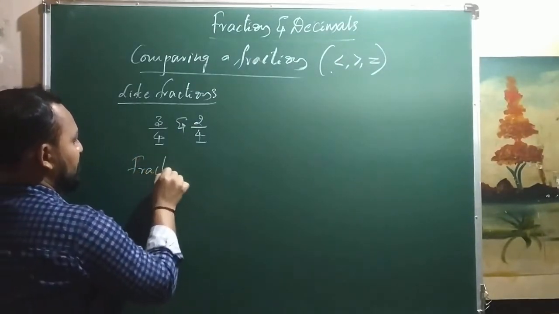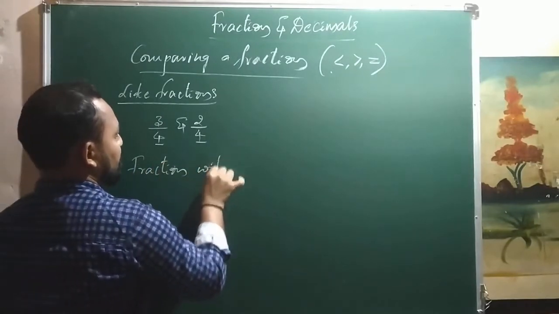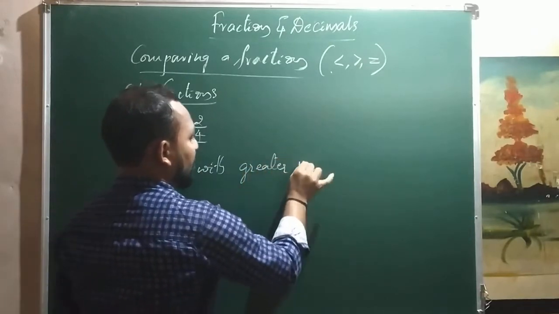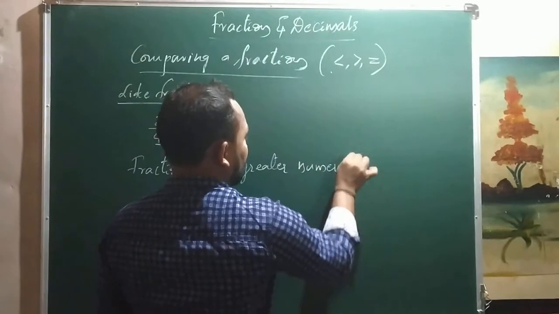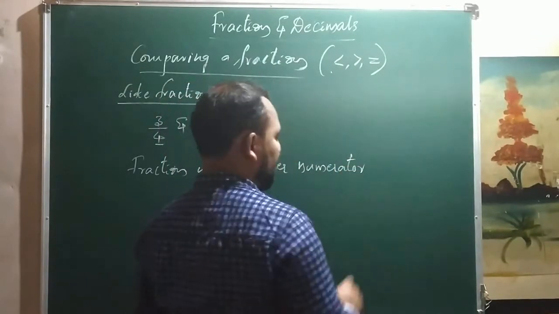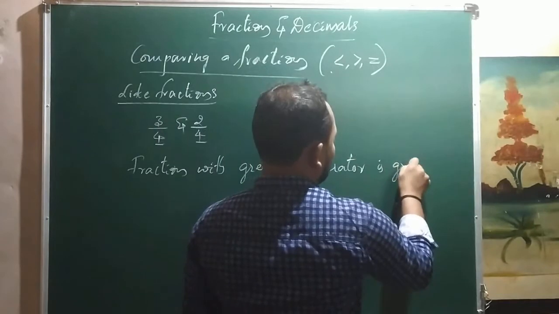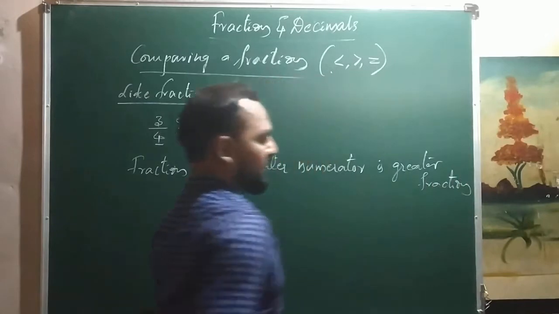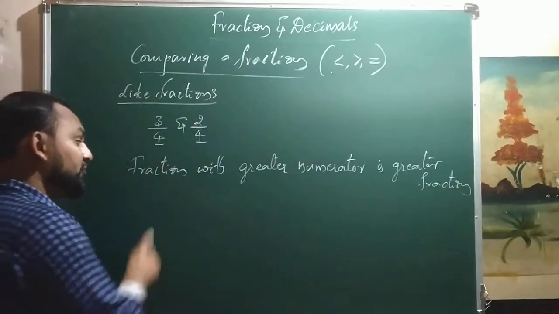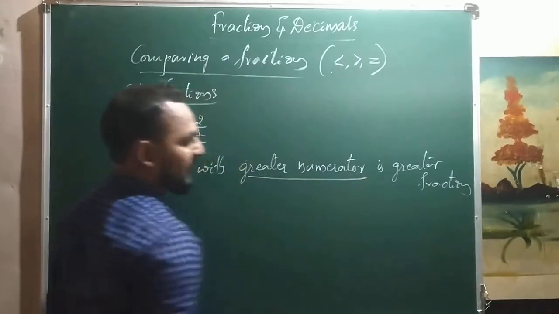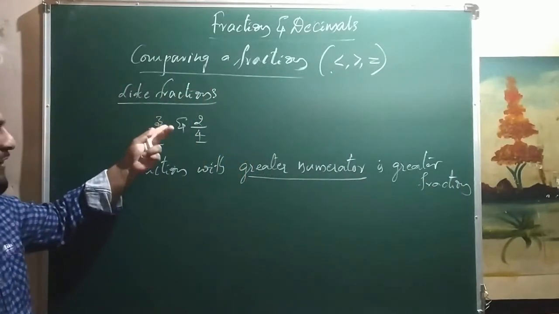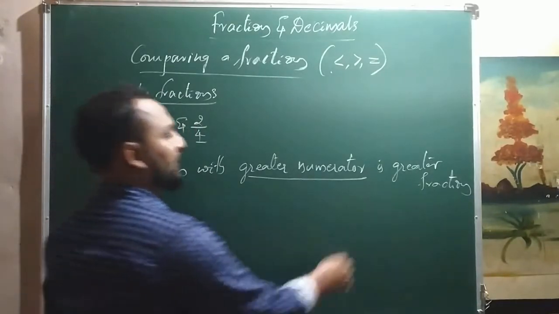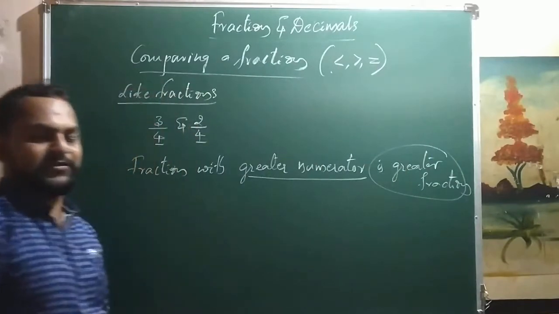Which is the greater numerator, 3 or 2? 3 is the greater numerator, so that fraction is the greater fraction.